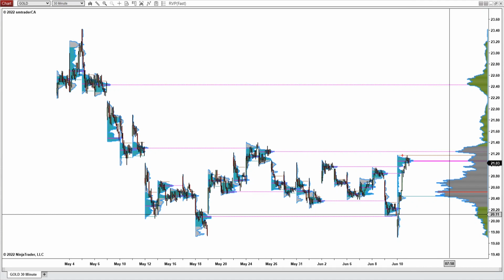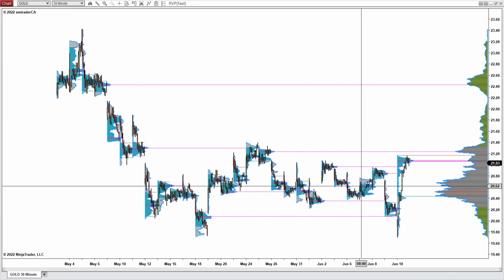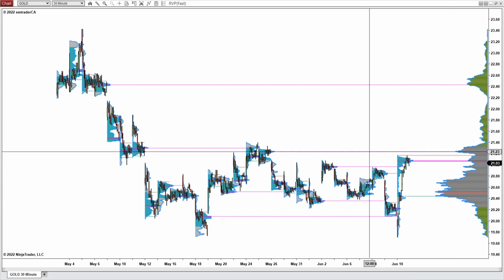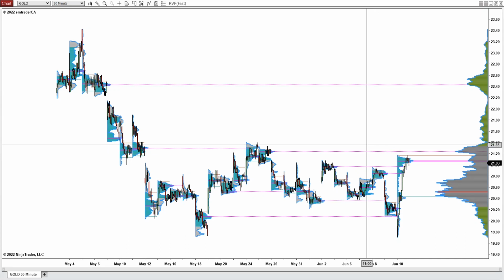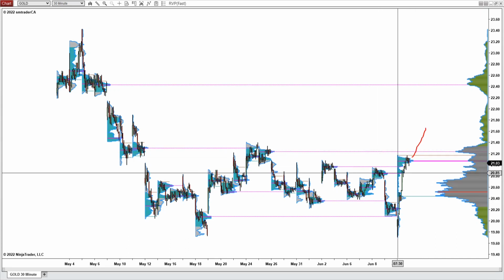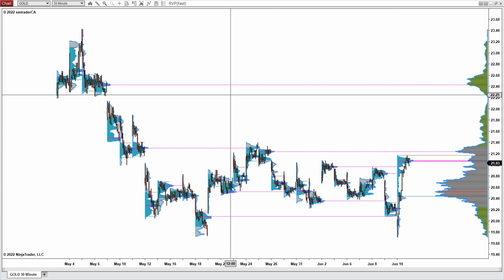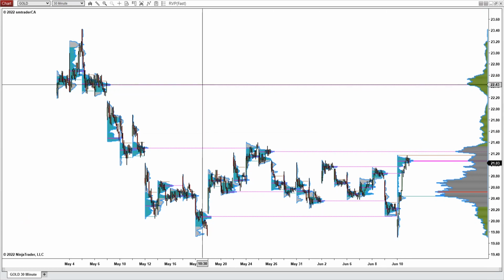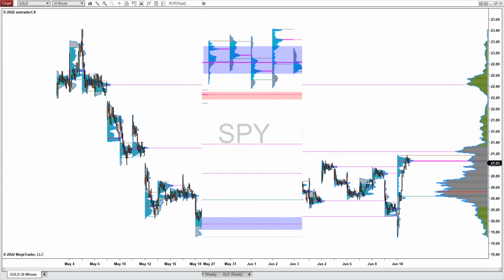So for the coming week, I'm going to be watching this zone here and see would it be able to continue to push and get back above this point of control here at 21.23, and then look for the possibility of having this move up to this area here at 20.40, essentially this particular high volume node, this virgin point of control. And that is for a little bit of a shorter term swing trade.